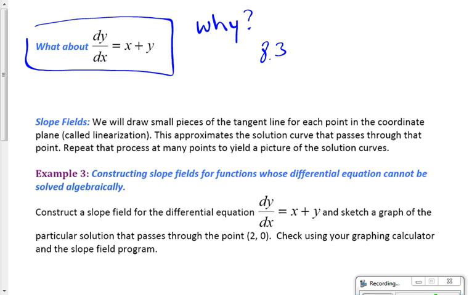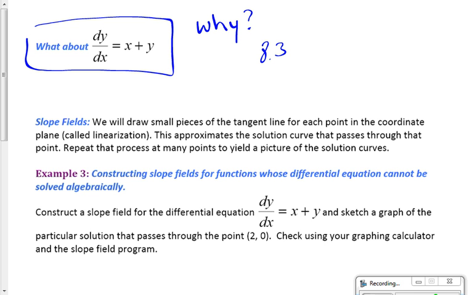I don't want to dwell on that today because I think the skill that we're going to learn today is complicated enough that I don't really want to spend time on the why for that today. But that is a differential equation that we cannot solve using an algebraic method at this point.